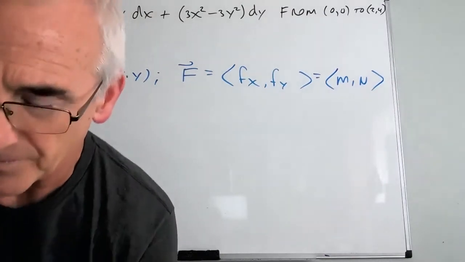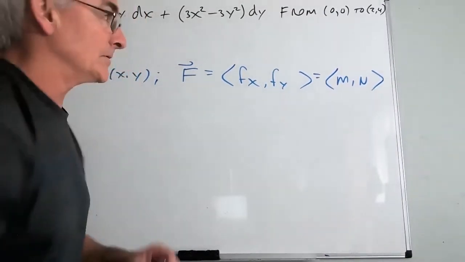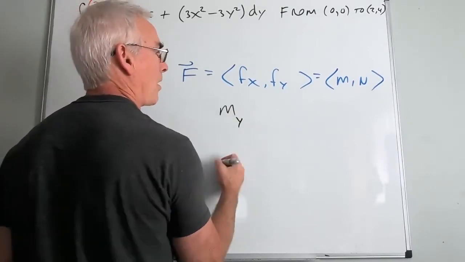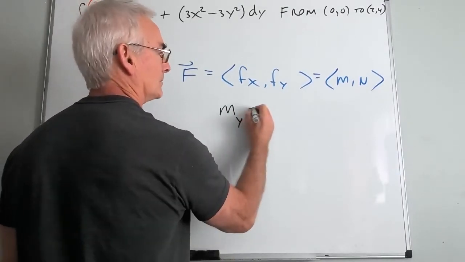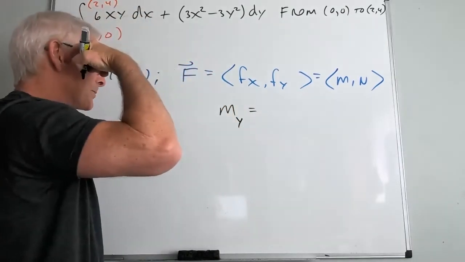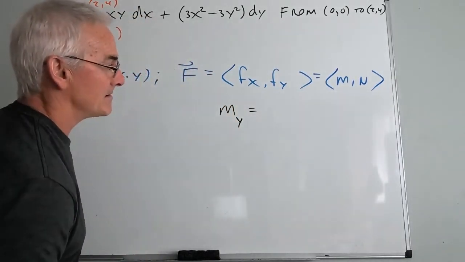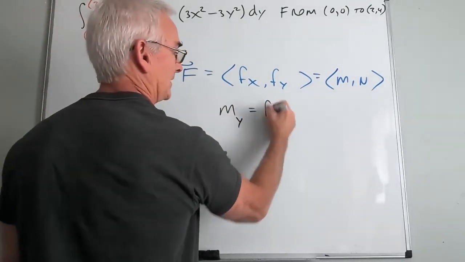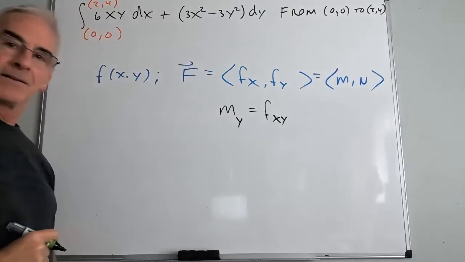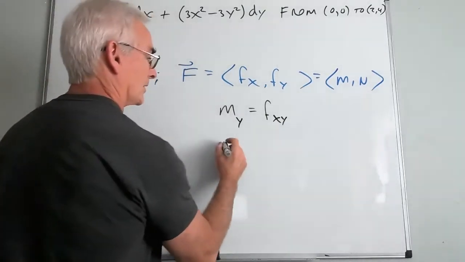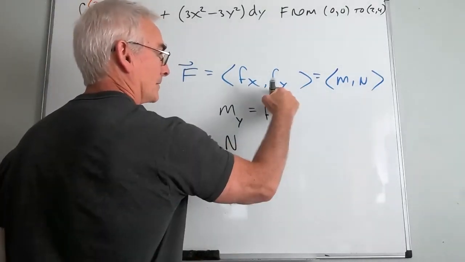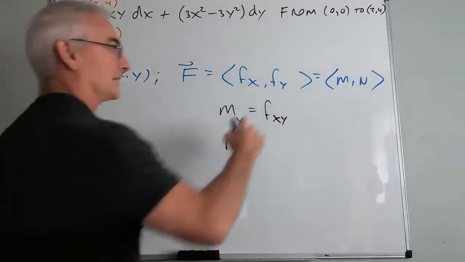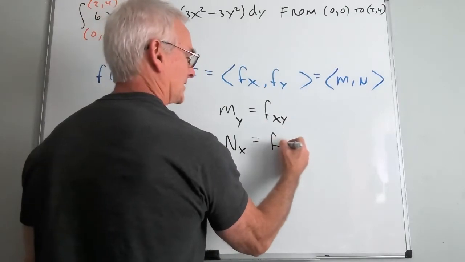Okay, think partial derivatives. Tell me about the partial of m with respect to y. What does that equal? Wouldn't that be little f xy? Similarly, what's the partial of n with respect to x? Well, wouldn't that also be little f xy?